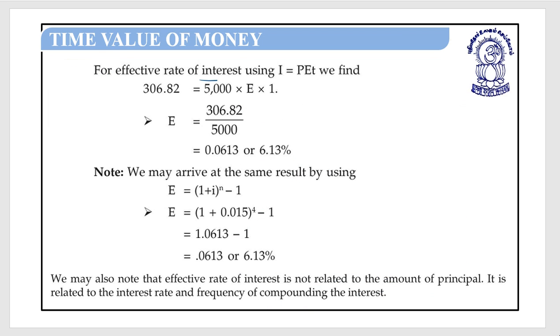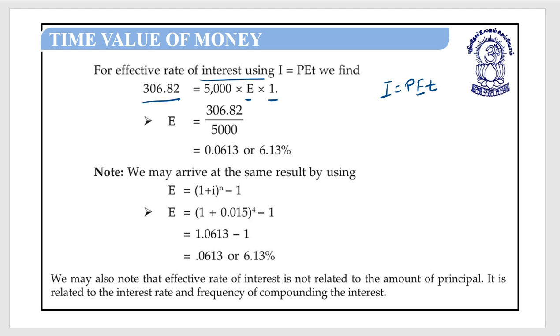For effective rate of interest, using another formula, I is equal to PET. So 306.82 is equal to 5000 into E. T is for 1 year, so 1. So E is equal to 306.82 divided by 5000.